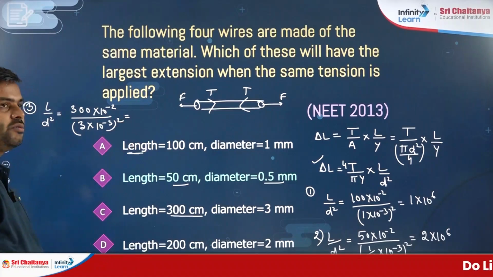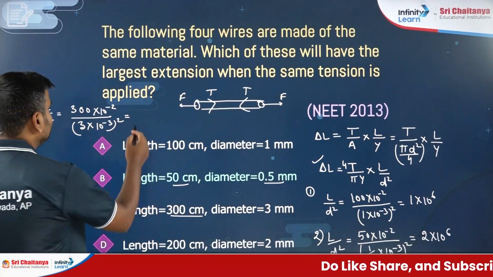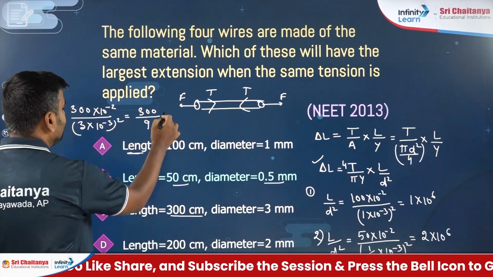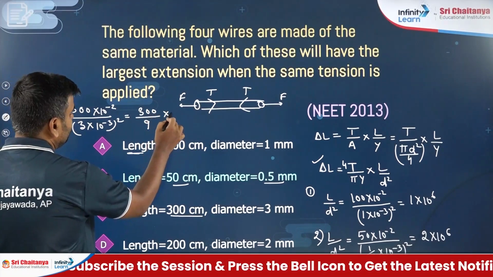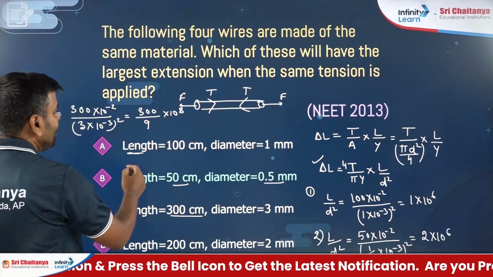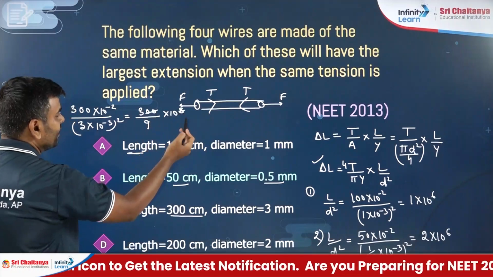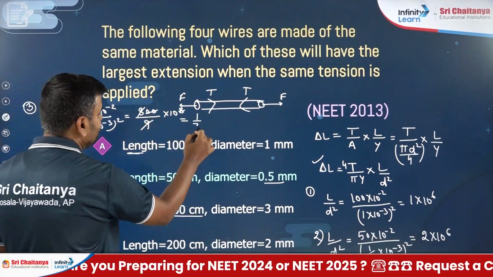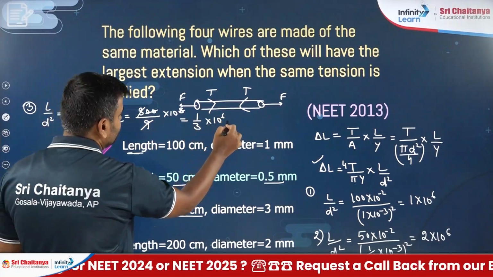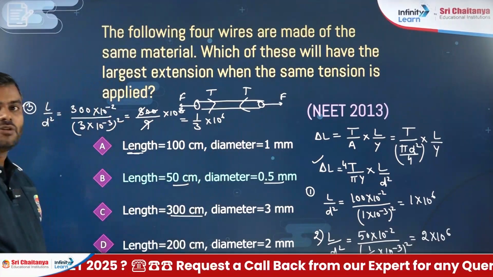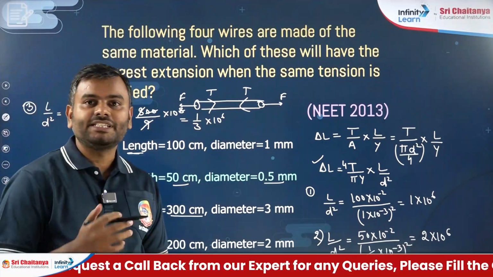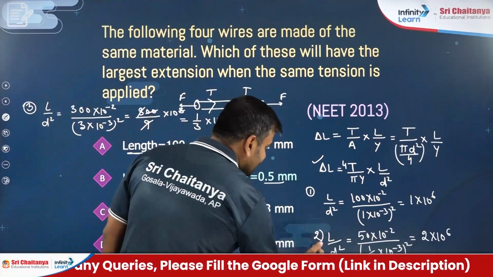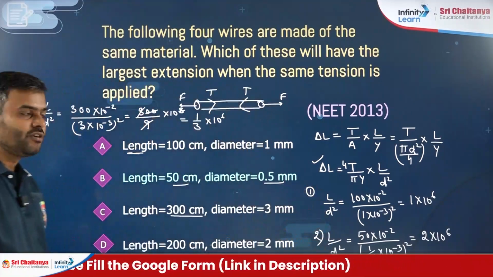We are getting 300 divided by 9 into 10 to the power 8. The 2 zeros we can cancel, and the 3 and 9 also we can cancel, so we get 1 by 3 into 10 to the power 6, which is 0.33 into 10 to the power 6. This is lesser than 2, as well as lesser than the first option.